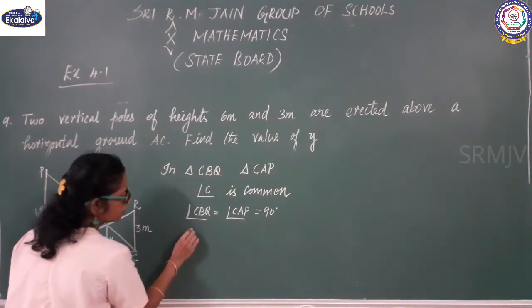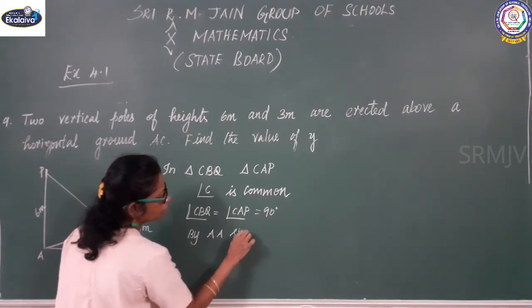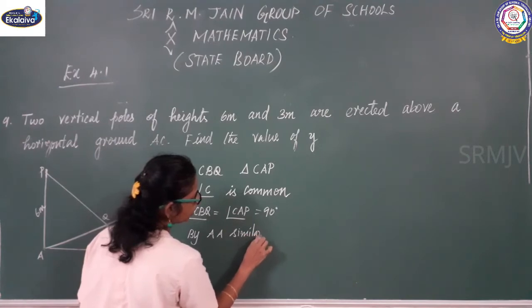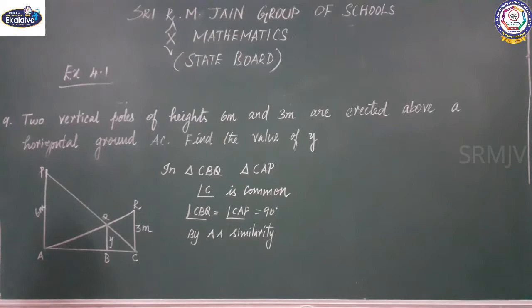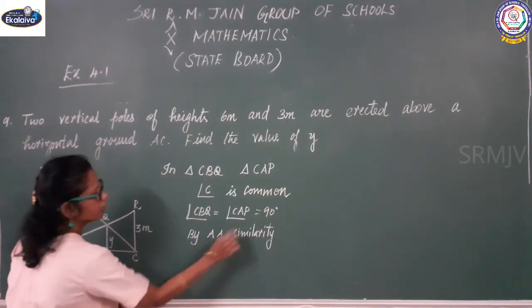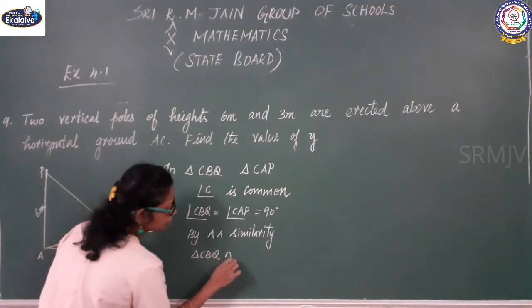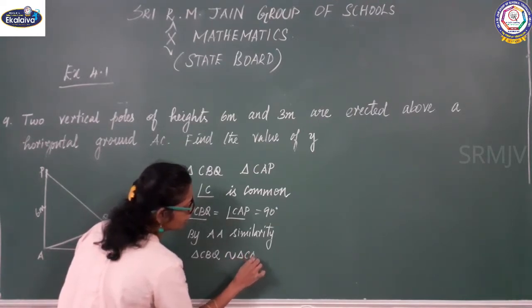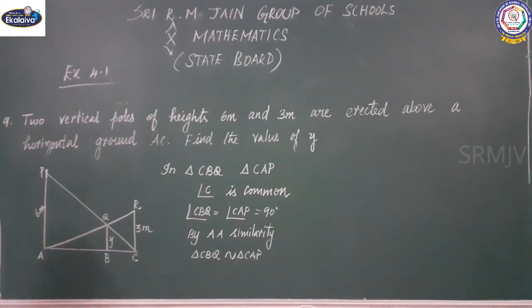Now, by AA similarity, you can say corresponding sides are proportional. By AA similarity, triangle CBQ similar to triangle CAP, right? If the triangles are similar, you can conclude the corresponding sides are proportional.